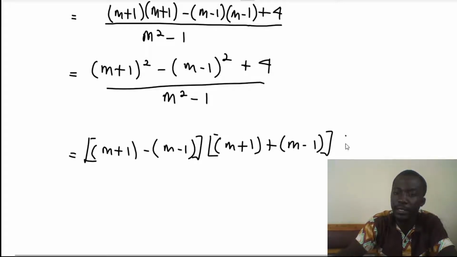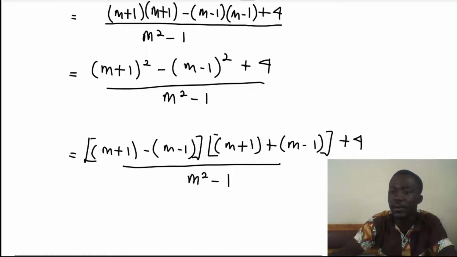Then we close the bracket, add our 4, divided by our m squared minus 1.